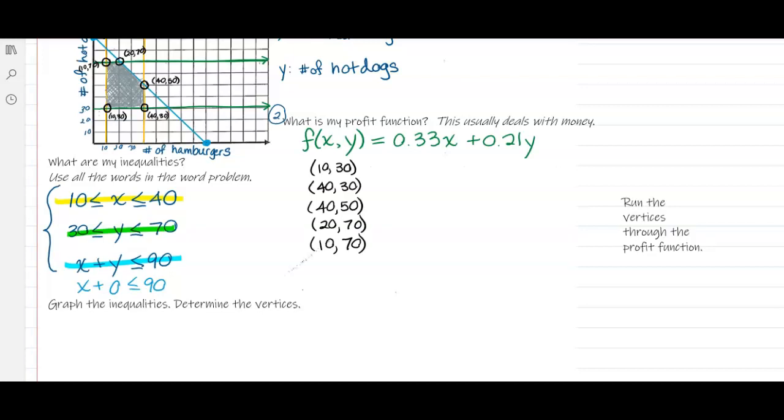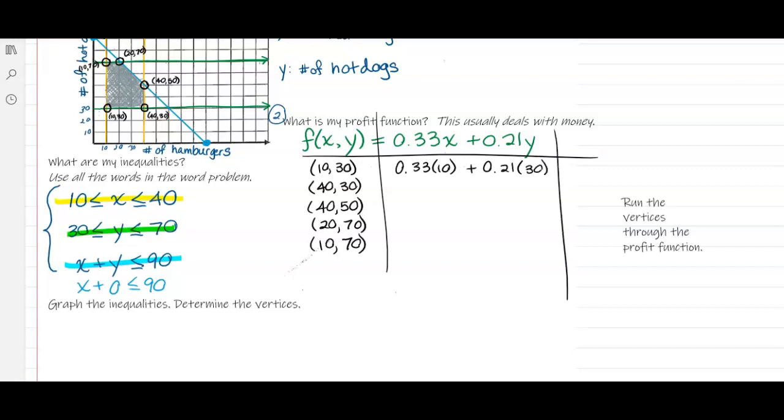And remember, there's a lot of other combinations of hamburgers and hot dogs in this gray region, but we're only taking the extreme ones and running them through the profit function. So we're literally taking 33 cents times 10 plus 21 cents times 30 and 33 cents times 40 and 21 cents times 30 and so on.